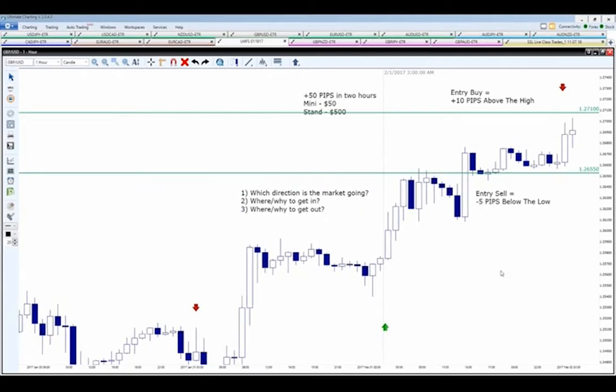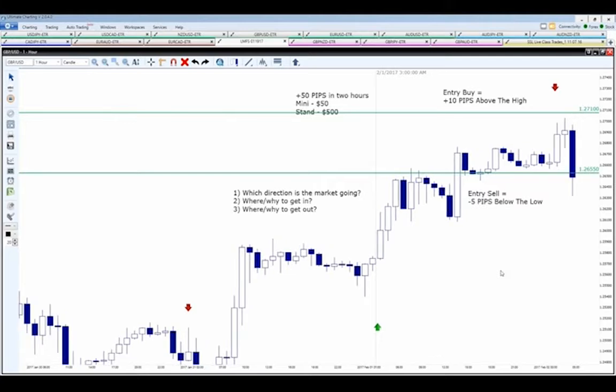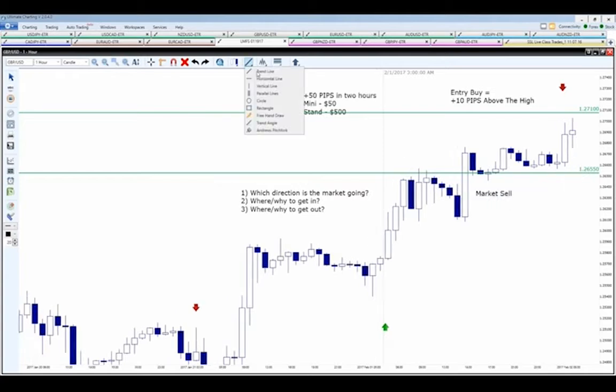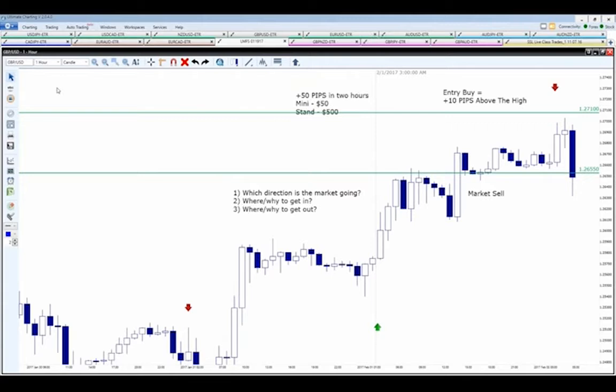One hour later, two hours later, the market does in fact pull back and triggers our entry sell. So in this case, to answer Daniel's question, can you sell the market? Yeah, we're now in a market sell position, giving us that educated opinion that we believe the market's going down.